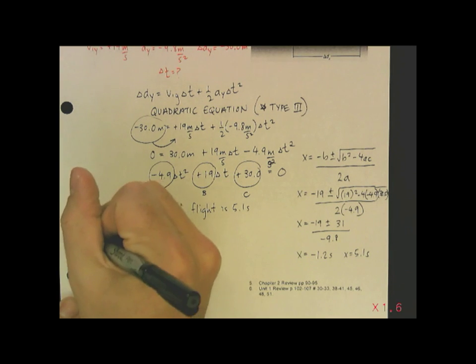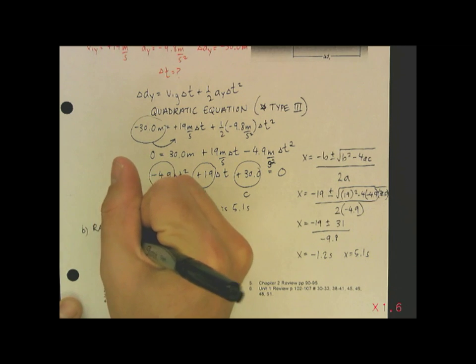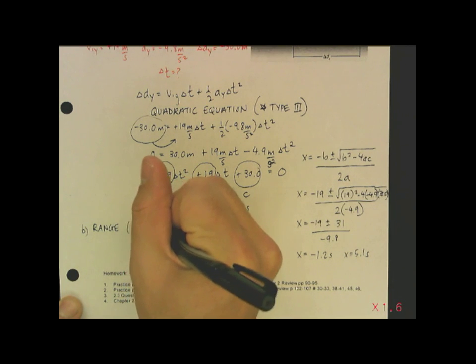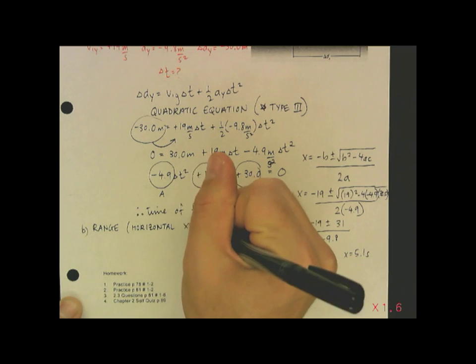If you solve and calculate the time of flight, you have all the information you need to calculate every other variable in these types of questions. Part B, they ask us for the range: how far horizontally the ball will travel. So when you're looking at the range, you're looking in the horizontal or x direction.